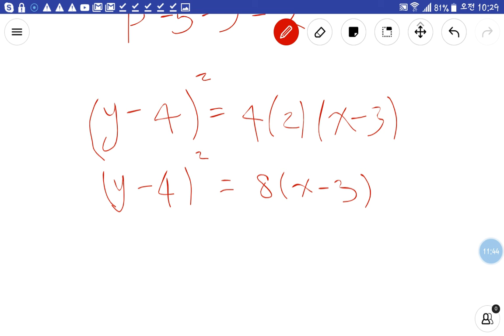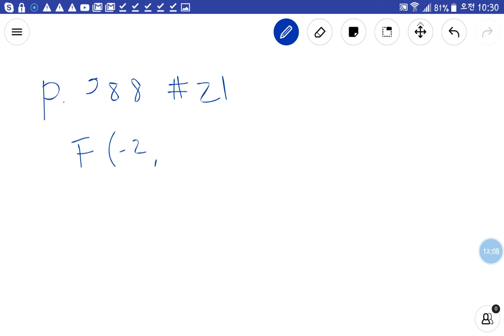Alright? Okay, let's go to example 21 on page 588. So their question gives a focus of (-2, -4) and the vertex (-4, -4).